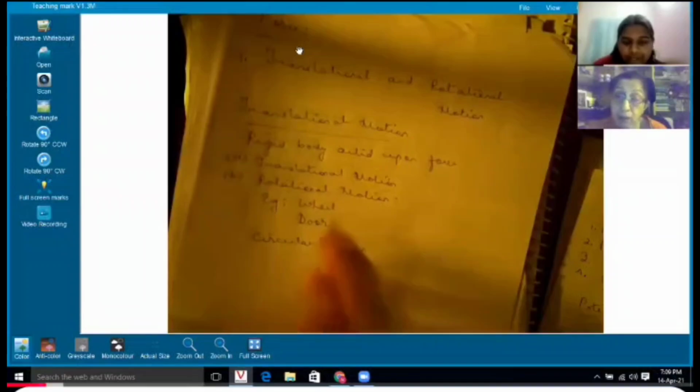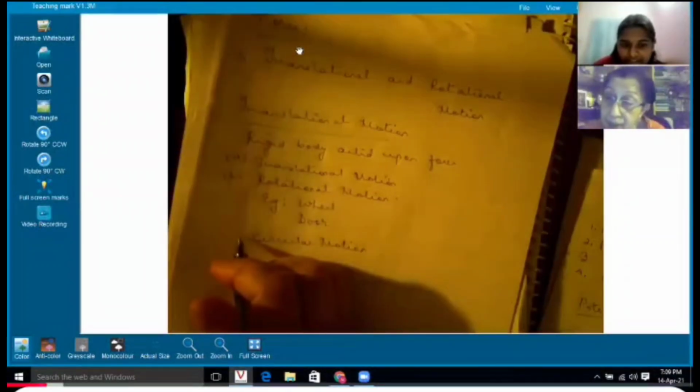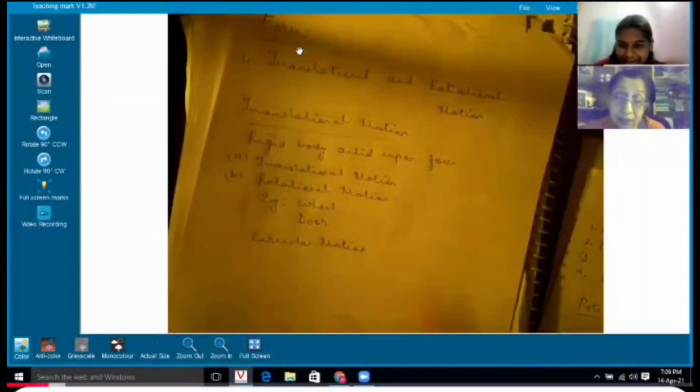Rotational motion is about a point, whereas circular motion is in a circular path. So the door is not opening in a circle. It's actually fixed at a point.